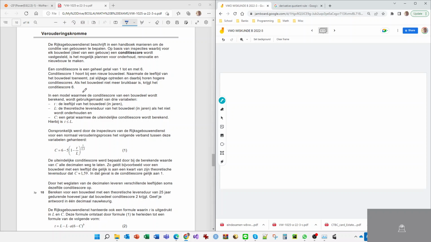My God. They have a certain score, conditiescore, which tells you what the condition of the building is. And 6 is the worst, and 1 is if it's new.